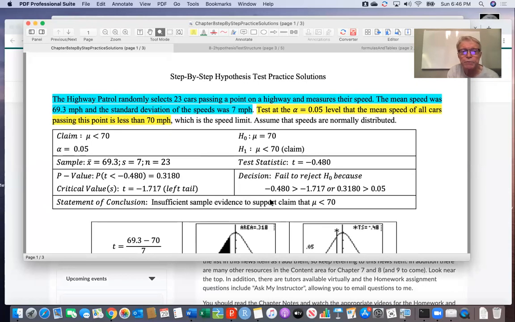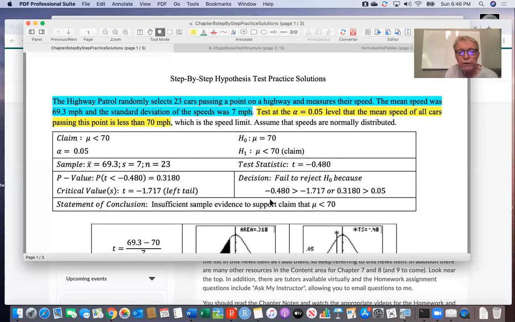And let's look at the first problem. Again, we know that the claim was the mean less than 70, and the alternate hypothesis then was that the mean was less than 70, same as the claim, because the claim didn't have an equal part. So this is a left-tailed test, okay? Because we have a less than in H1, which means we need to find one critical value on the left.